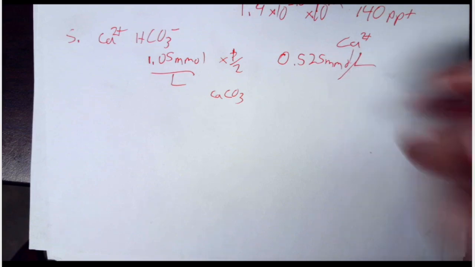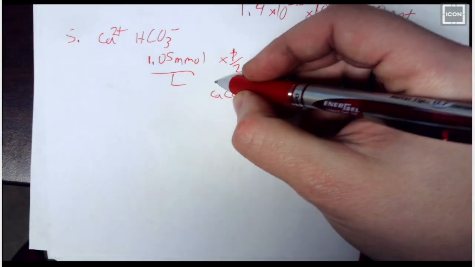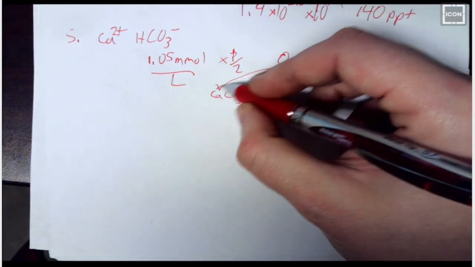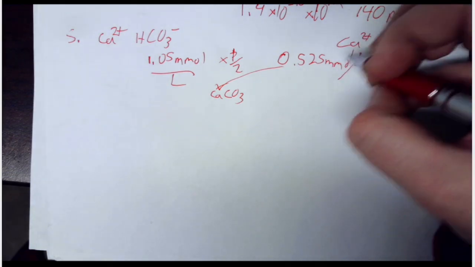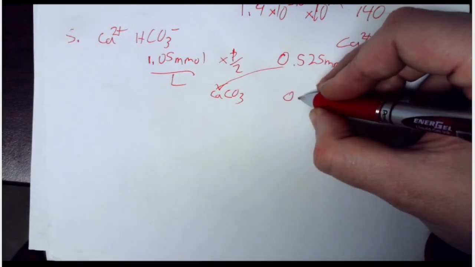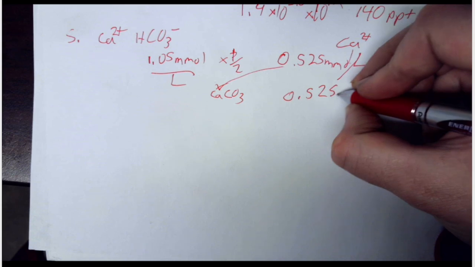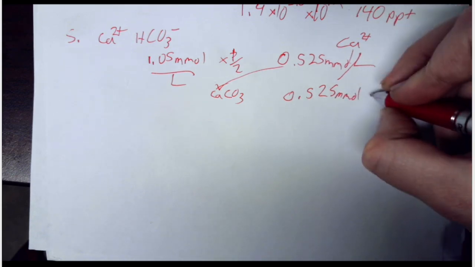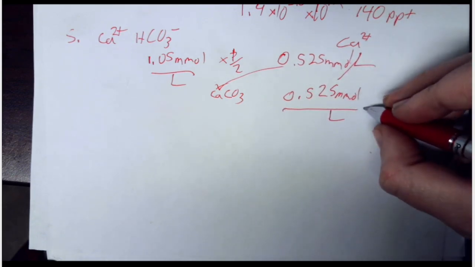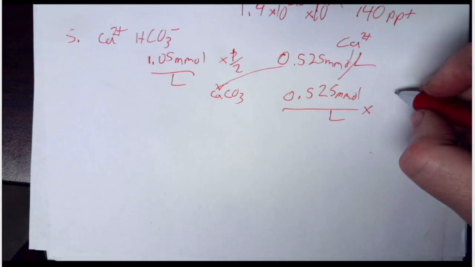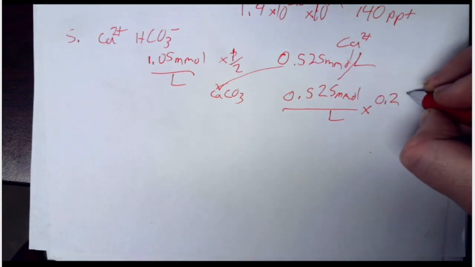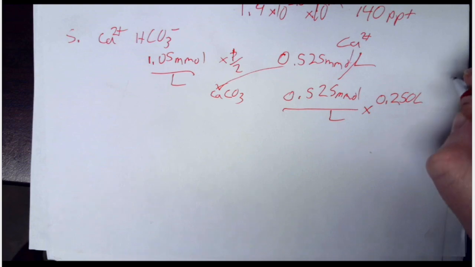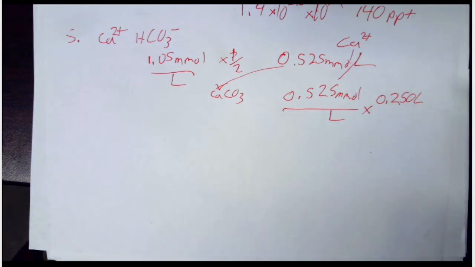So this is how much calcium we have, and that's also going to be how much calcium carbonate we have. So if we have 0.525 millimoles in a liter, and we're evaporating 0.250 liters, how many millimoles of calcium carbonate would precipitate?